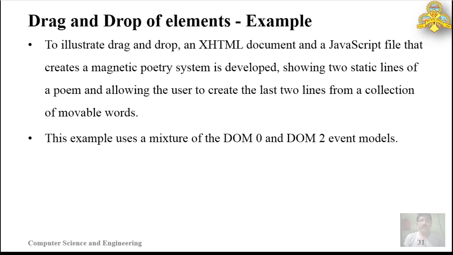The main reason for using this example is that it is a mixture of DOM0 and DOM2 event models. The very important feature here is the DOM2 event model, because the DOM0 event model is very easy, and in the DOM2 event model you will realize how flexible and advanced it is compared to the DOM0 model.